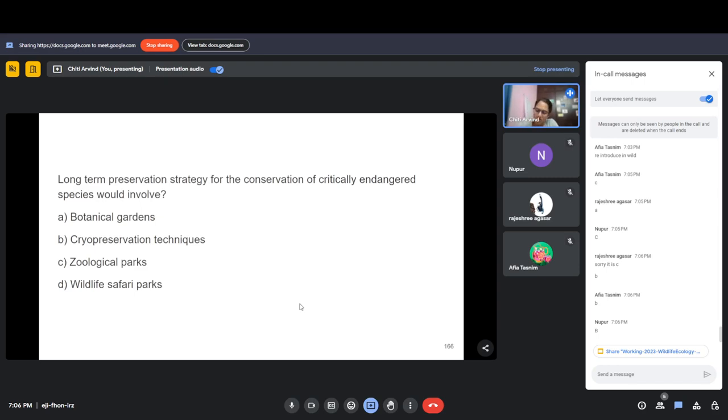So yes, they do maintain a germ bank, where a germline of sperm and eggs or even plant genetic matter can be stored in these gene banks, right? All right.